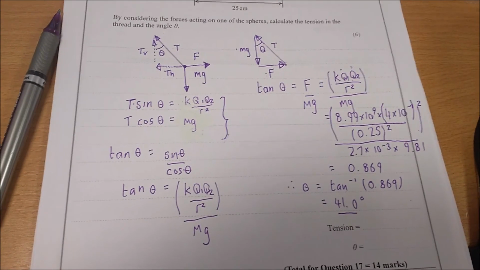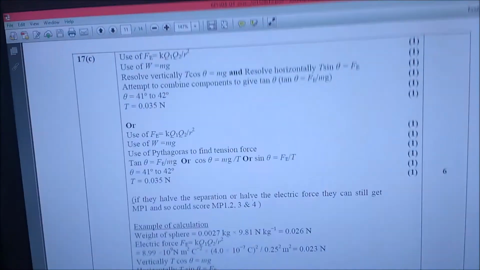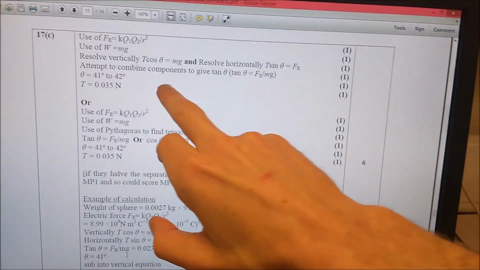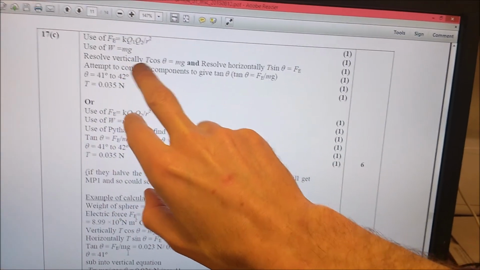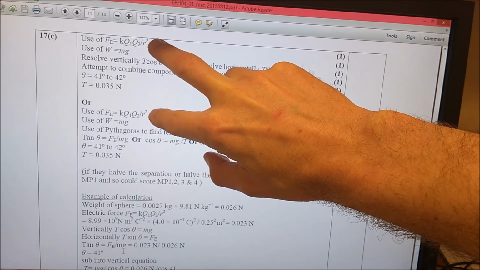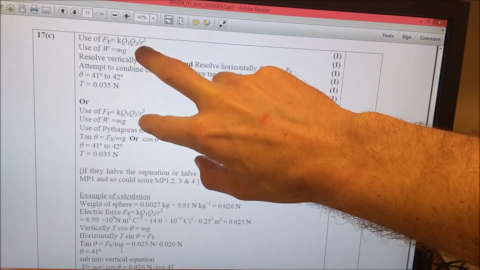So finally, if you look at the mark scheme, essentially there's two different approaches that we've taught through. Both approaches, if you've tried to use Coulomb's law, gets you a mark.